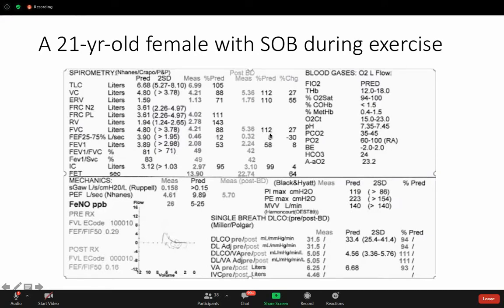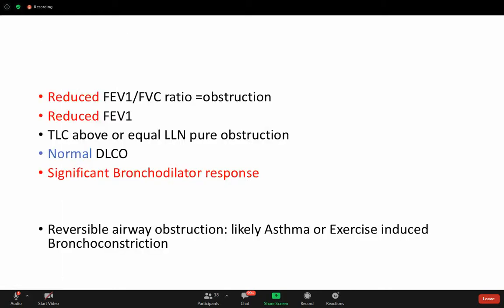So this is a significant improvement after the bronchodilators. And this is one of the indications this is actually reversible airway obstruction, likely asthma. Okay? So the significant bronchodilator response differentiates between the asthma and the chronic bronchitis. BD is bronchodilators, yes, yes.